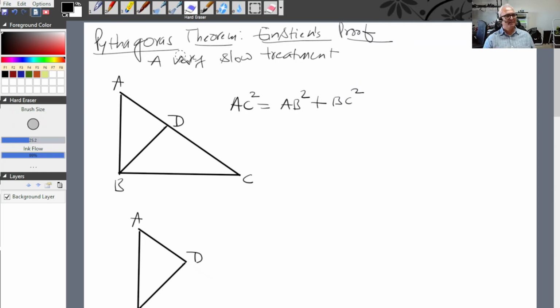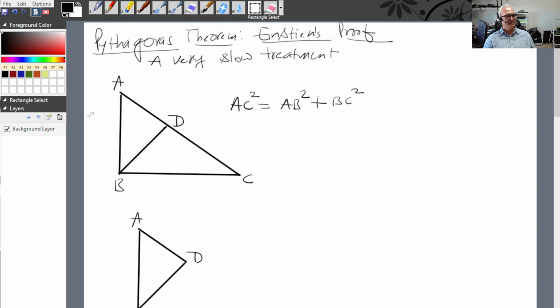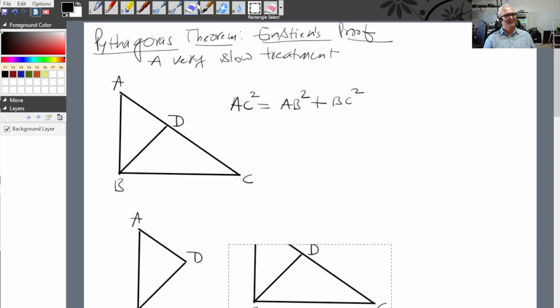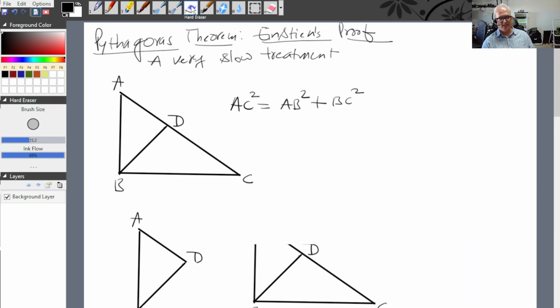And now let me capture the third triangle. So as I had promised, I'll go very slow. Okay. Good enough.